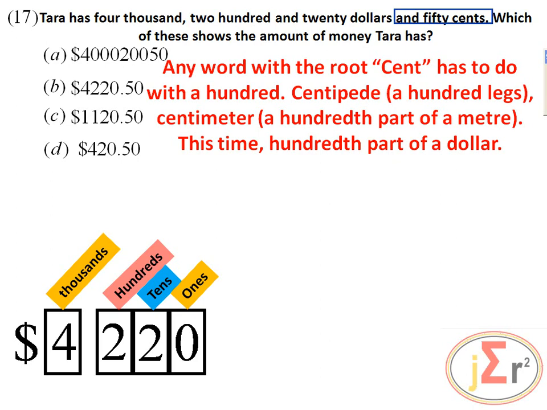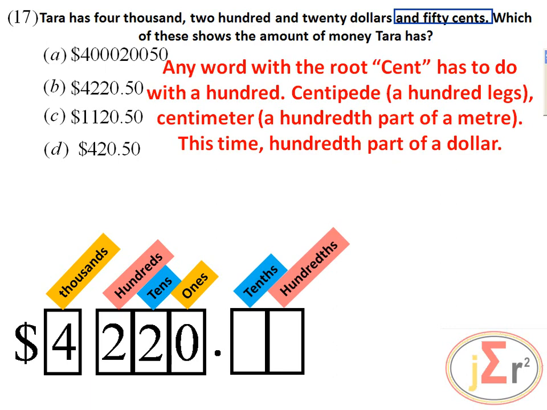Centimeter, 100th part of a meter. This time, 100th part of a dollar. So the cents in this case mean 100th part of a dollar. That's what a cent is.